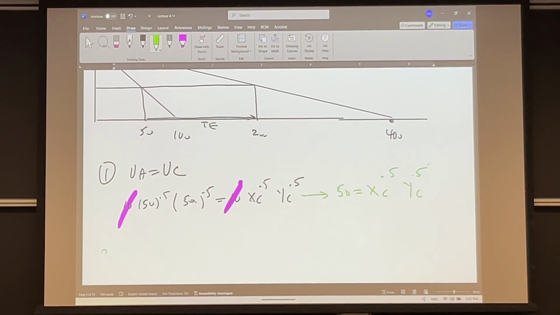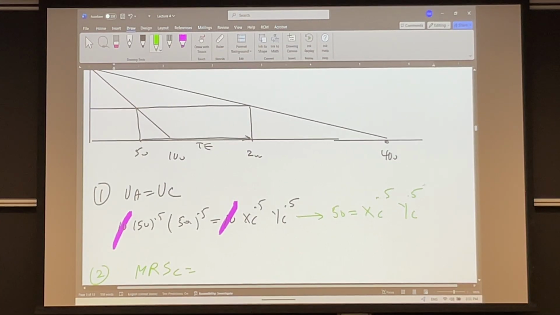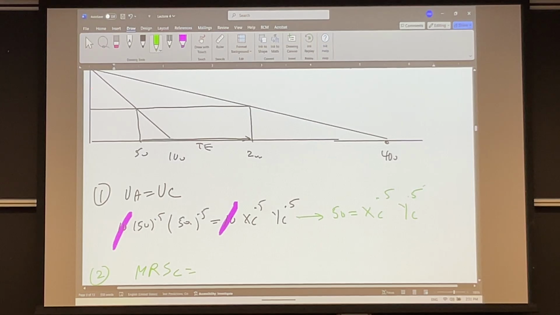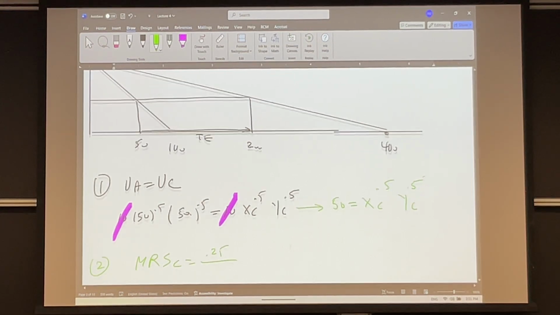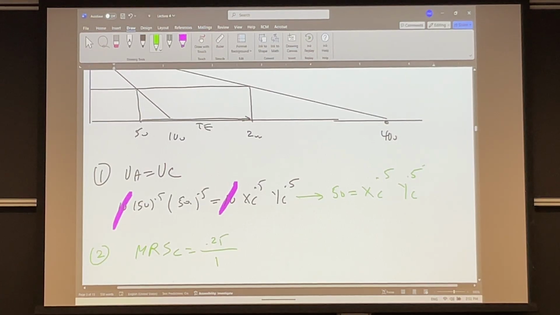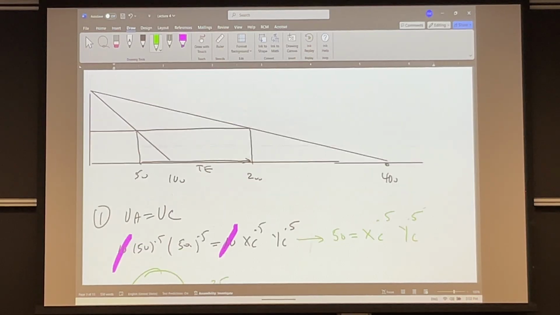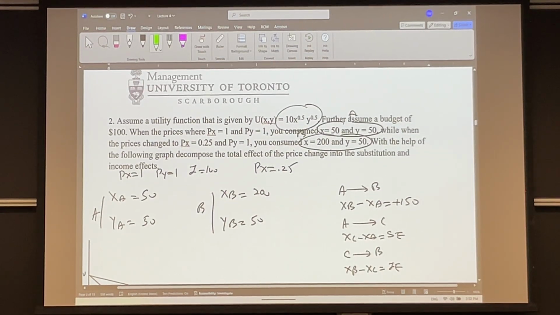That's number one. Number two, the MRS at point C is equal to the slope of the dotted line, not this one. The slope of the dotted line is 25 cents divided by 1. Right? So the only thing I really need from the utility function is the MRS. What's the MRS of that function?